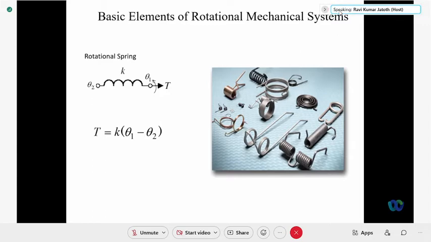We model mass as moment of inertia, and then the spring as a torsional or rotational spring. Rotational friction in rotational systems is represented by a rotational dashpot. So three elements.